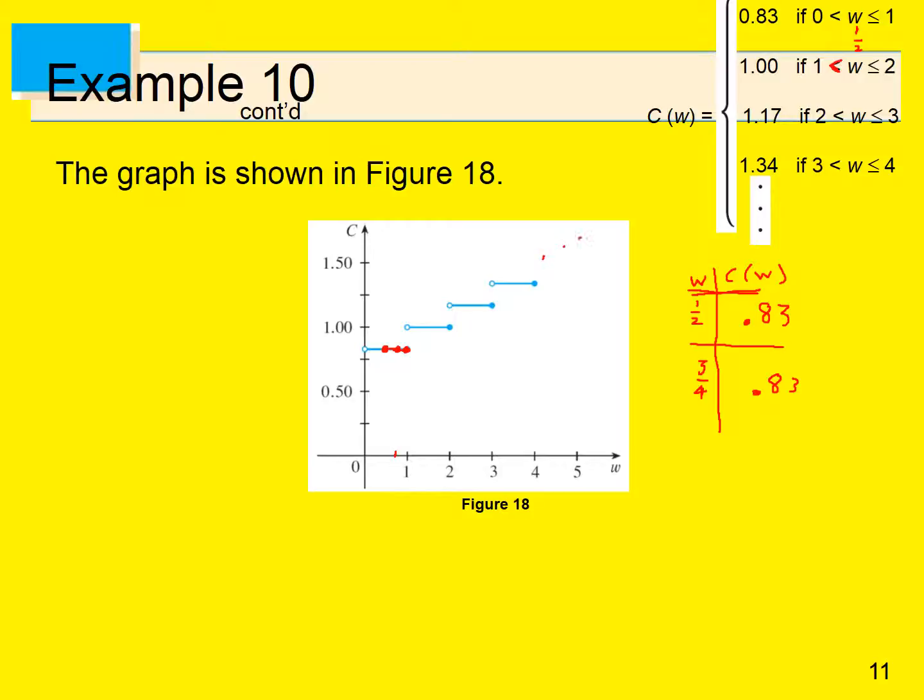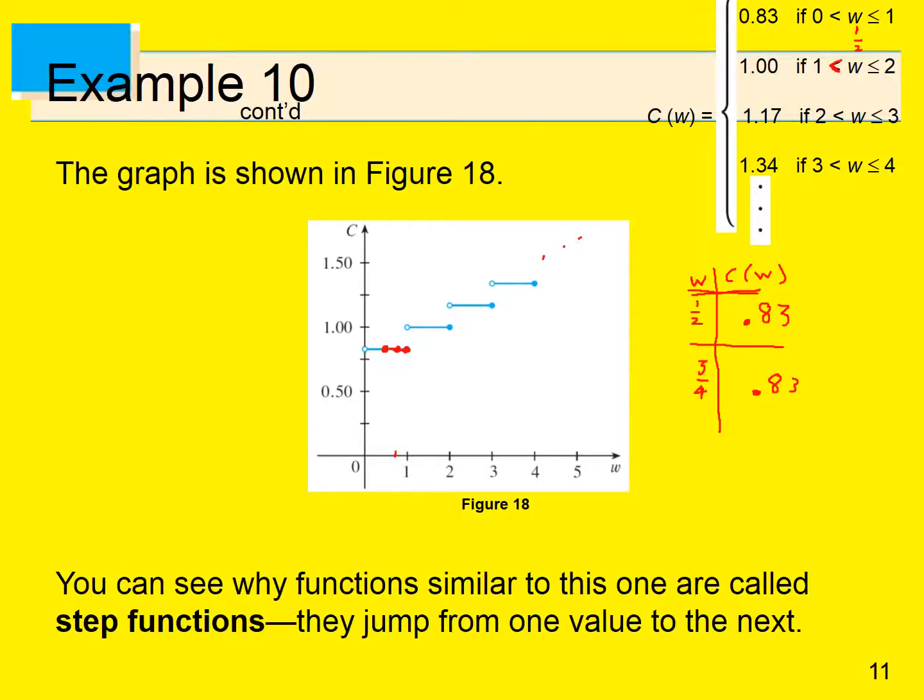And there are any number of steps to this graph, the graph of a piecewise defined function, which is just a transformation of the greatest integer function that you might remember. You can see why functions similar to this one are called step functions.